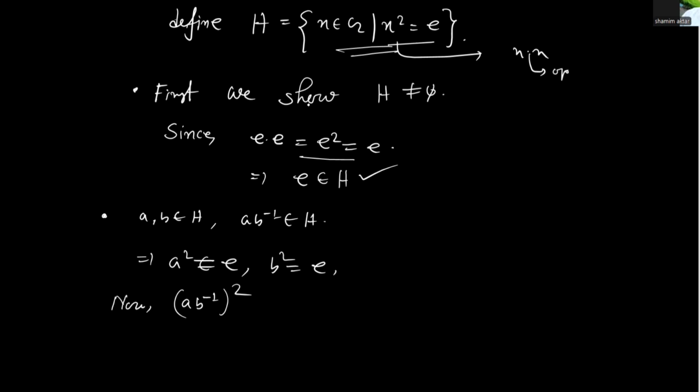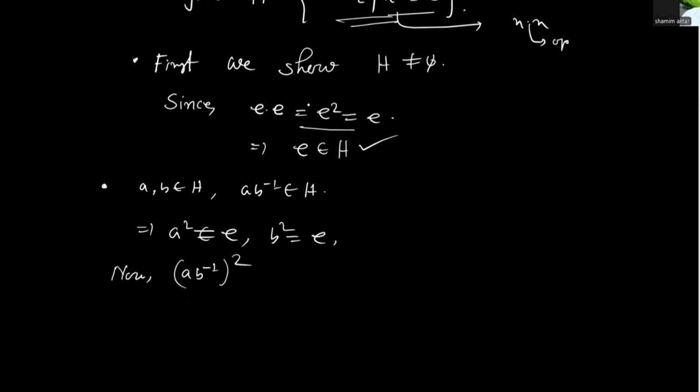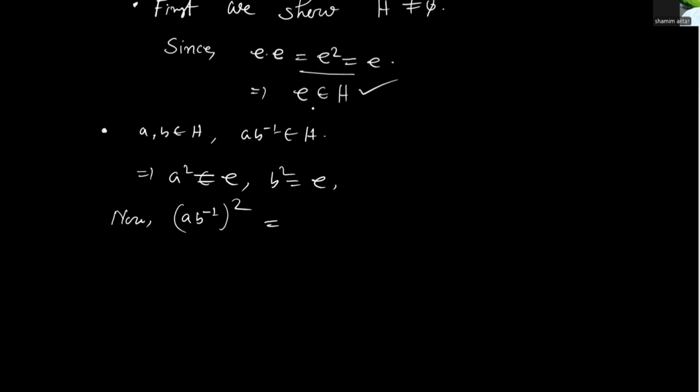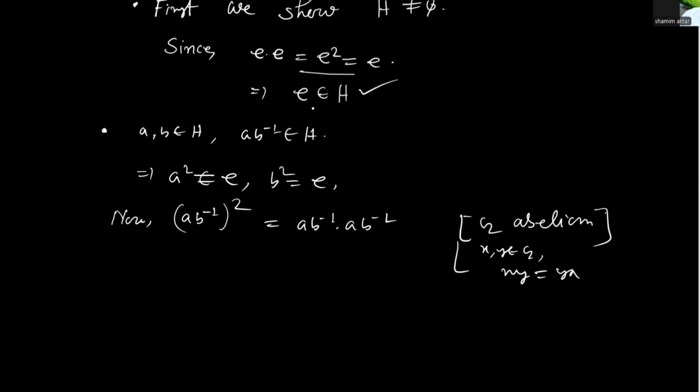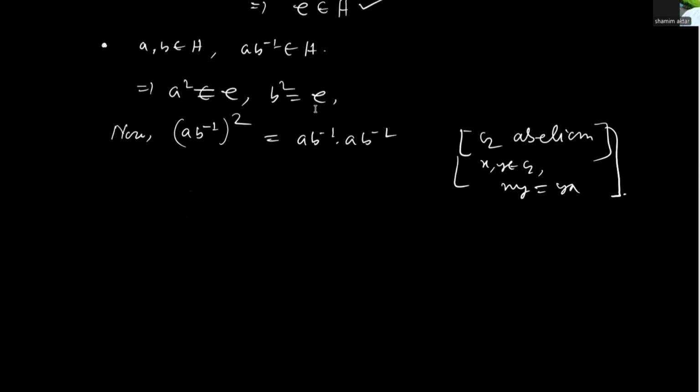If this equals identity, then a b inverse belongs to H. This equals a b inverse dot a b inverse. And G is abelian, so for every x and y belonging to G we have x y equal to y x by the definition of an abelian group.